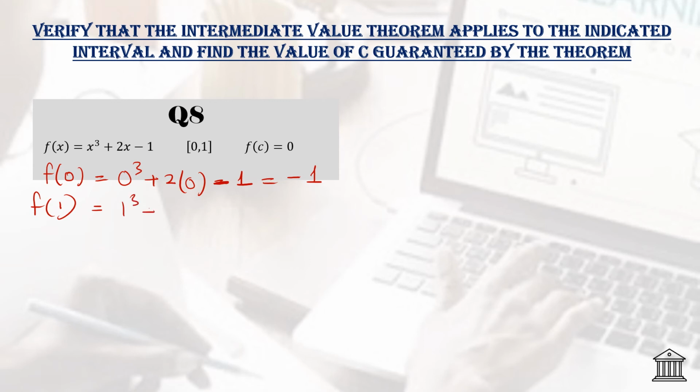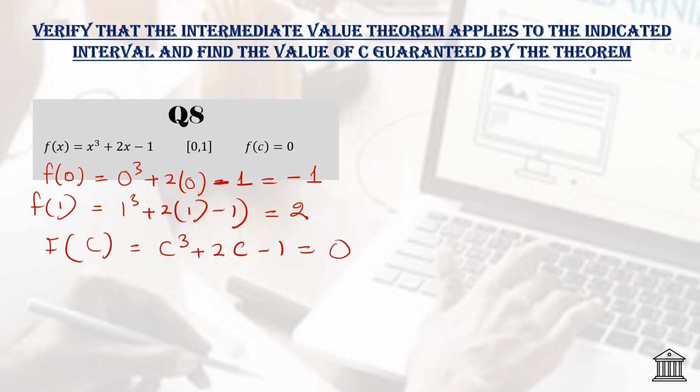I will get 1 cubed plus 2 times 1 minus 1, so it gives me 2. Now let's check what happens when I replace x by c. So f of c equals c cubed plus 2c minus 1, and it equals 0. And I will see what my factors are at this point.